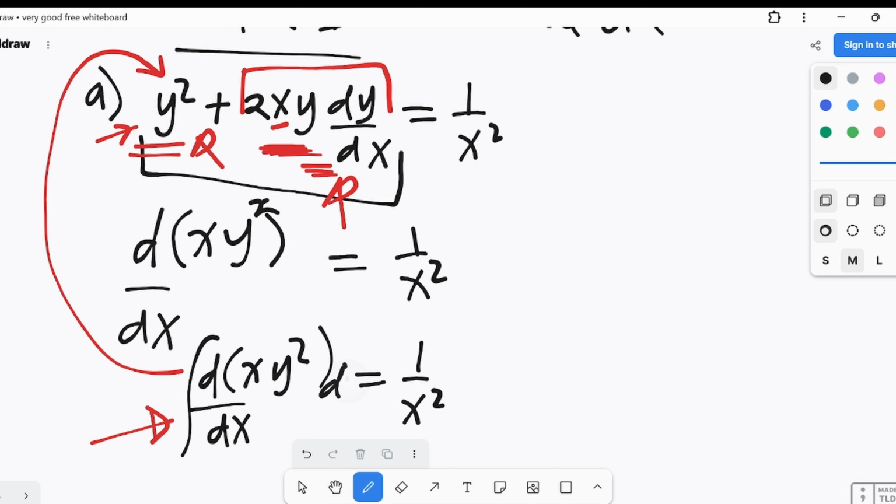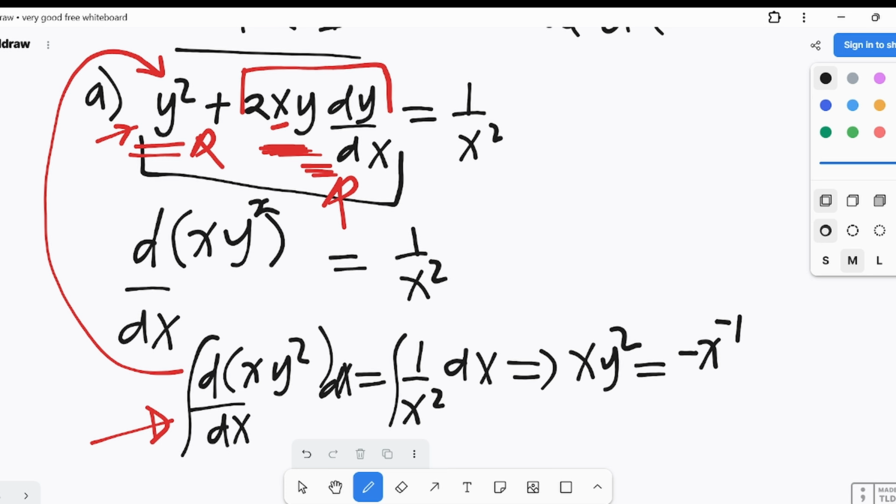integrate with respect to x, realize that we shall have our xy square is equal to negative x to power negative 1 and then plus c.